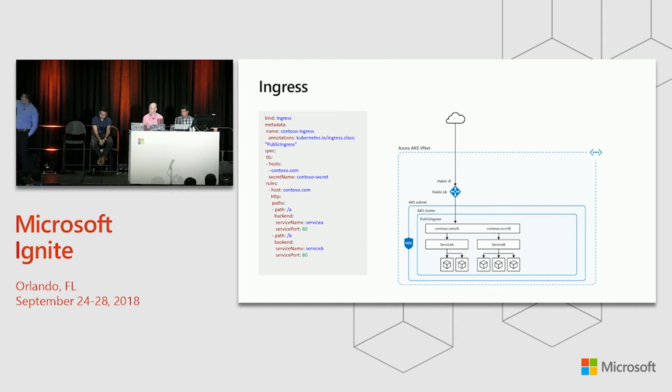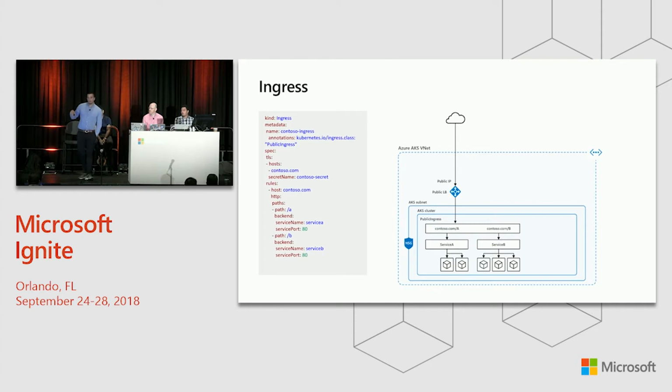So I have this TLS parameter inside the ingress object, which is pointing to a secret, the Contoso secret, that is holding my TLS certificate. And then below, I'm defining the rules: if you're hitting contoso.com/A, route to service A. And if you're hitting B, route to service B.